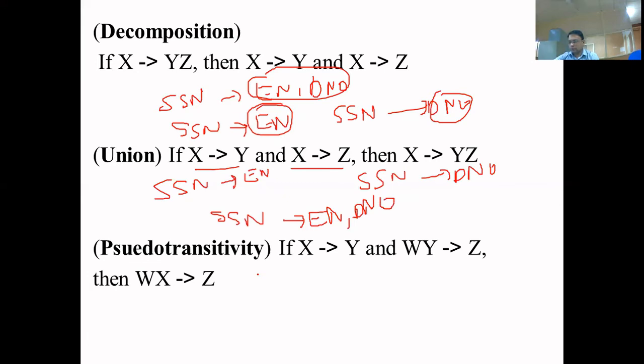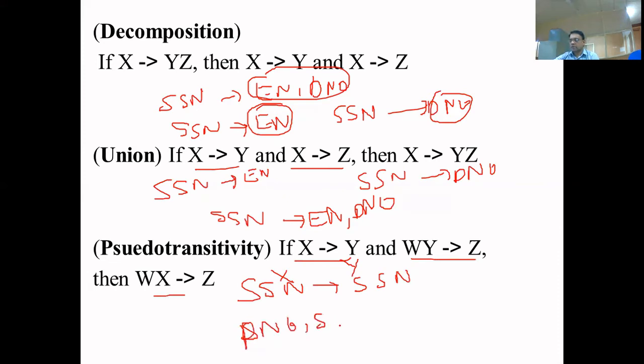Pseudo transitive rule. If X determines Y exists, and WY determines Z, then I can write it as WX determines Z. Here Y is pseudo transitive. So let's take one example. SSN determines project number; let's call SSN as X and the right hand side as Y. Then project number, SSN determines hours, so hours is Z, the project number is the Y attribute and SSN is the W attribute.